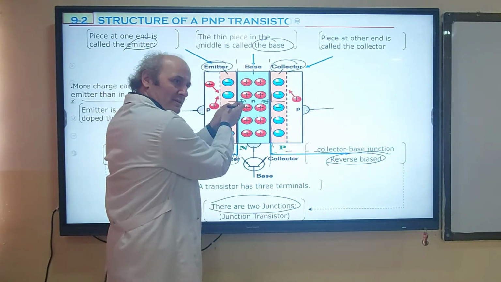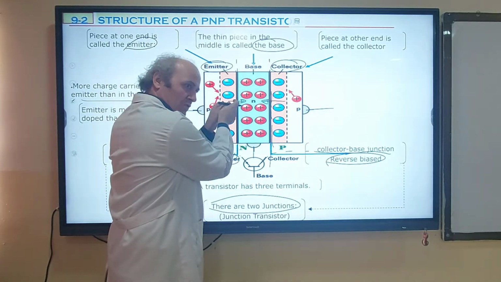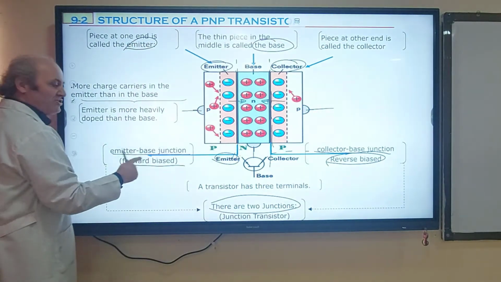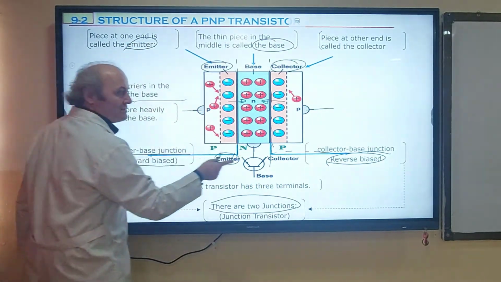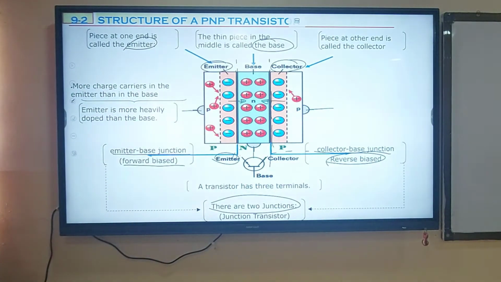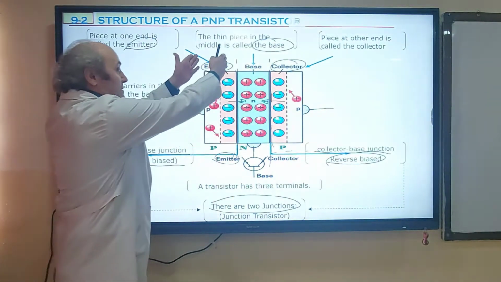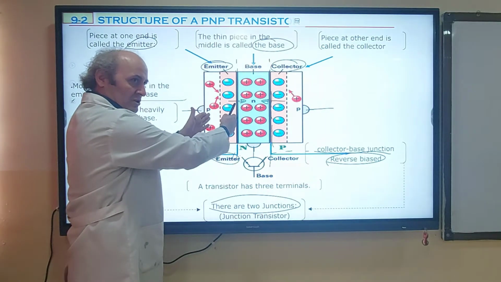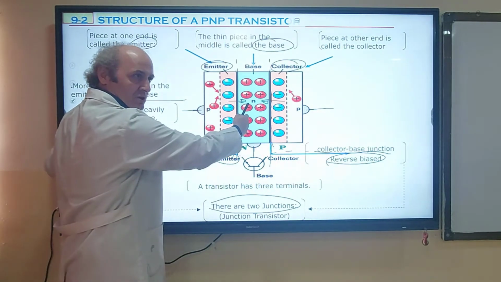So, forward biased, reverse biased. Which one is forward biased? The emitter-base junction is forward biased, but the collector-base junction is reverse biased. And as I said, the emitter, the P-type semiconductor on the left, is wider in size.